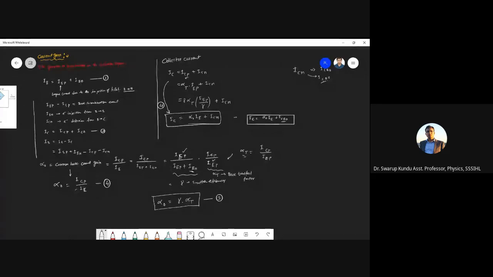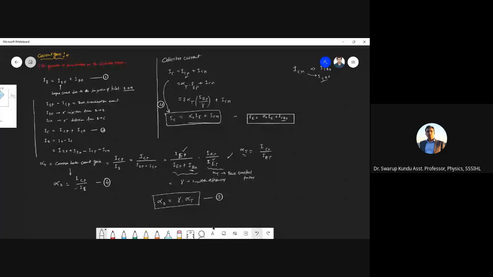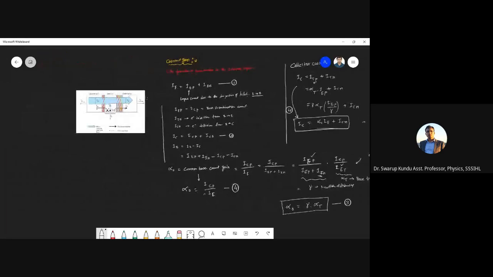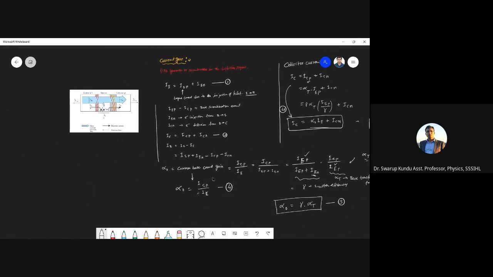Now let's move on to another topic, carrier distribution in each region. So we now know the current contribution from each region, how the current flows in a transistor when it is in active mode for a PNP. Now for an NPN transistor, you can do it yourself as homework. For an NPN transistor, you can derive all this.